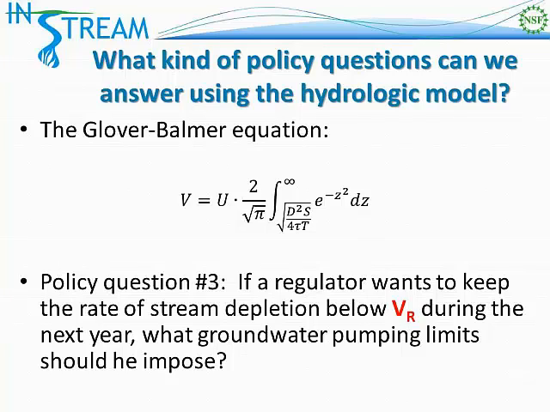So thanks to this model, we would be able to answer this policy question, which is, if we want to achieve a certain standard of the stream depletion, how should we regulate the well? What pumping level should the well be at?